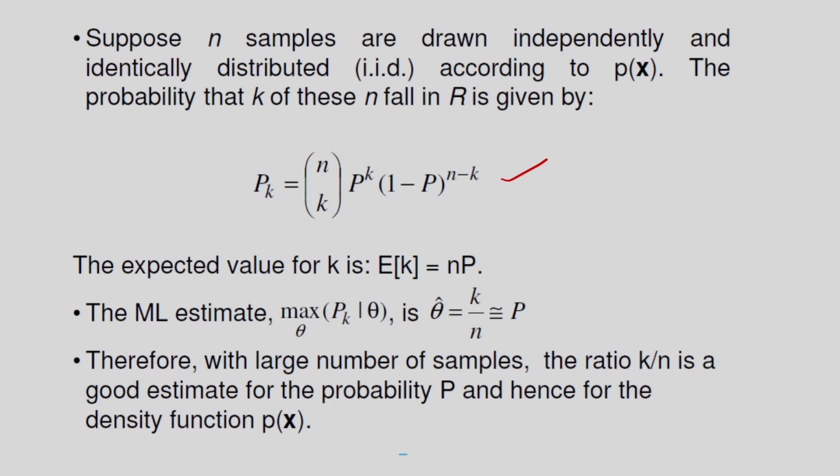So I am considering the probability that k number of samples out of n fall in the region R. From this I can determine the expected value of k, E[k], which is equal to n times P.